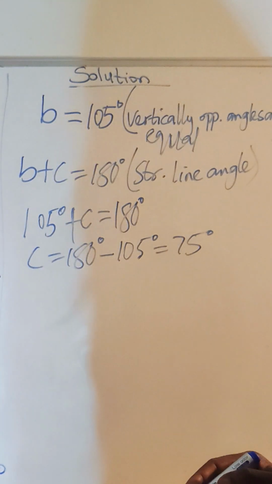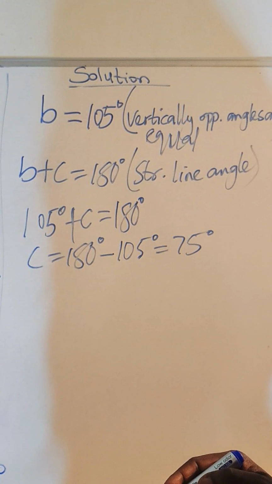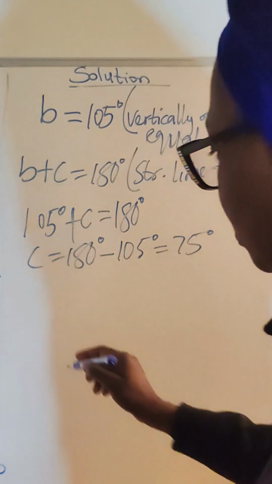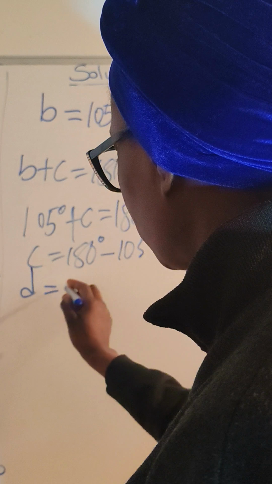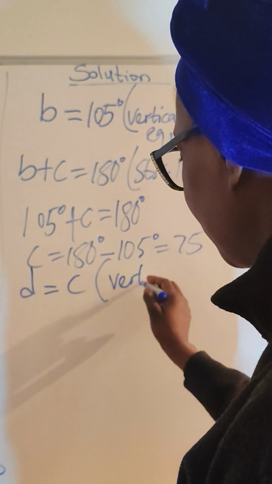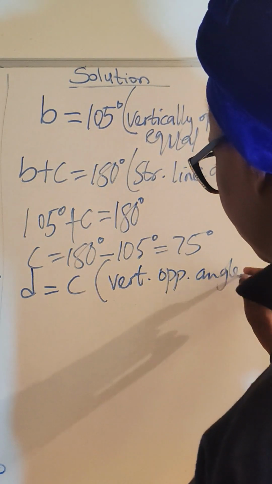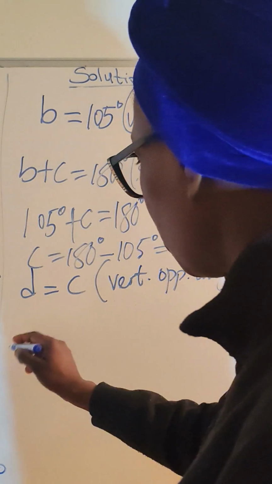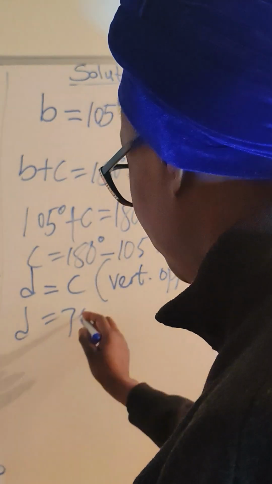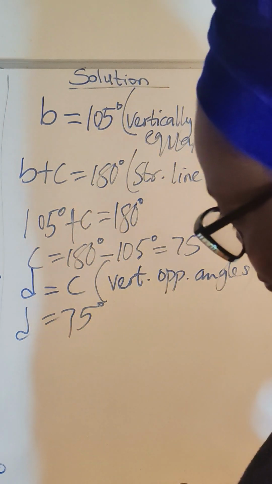That's fine. Then we move to angle D. Angle D is equal to angle C, vertically opposite angles. They are equal. So since D is equal to C, D will be equal to 75 degrees.